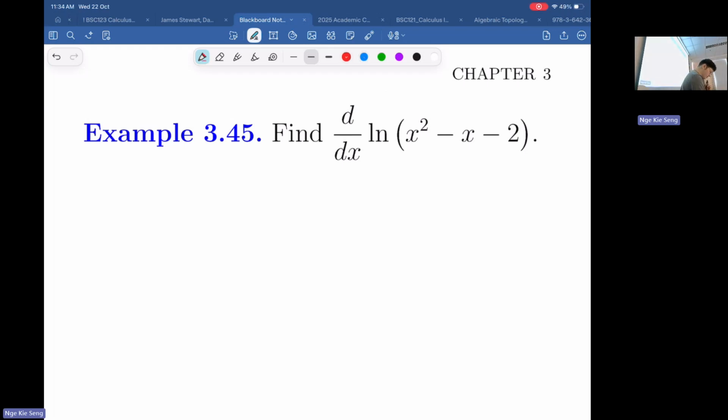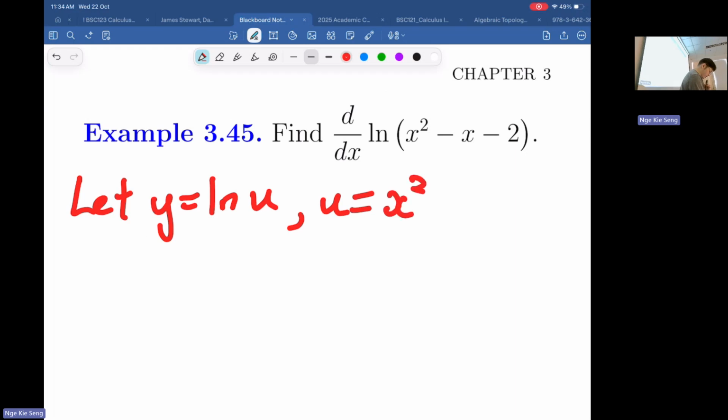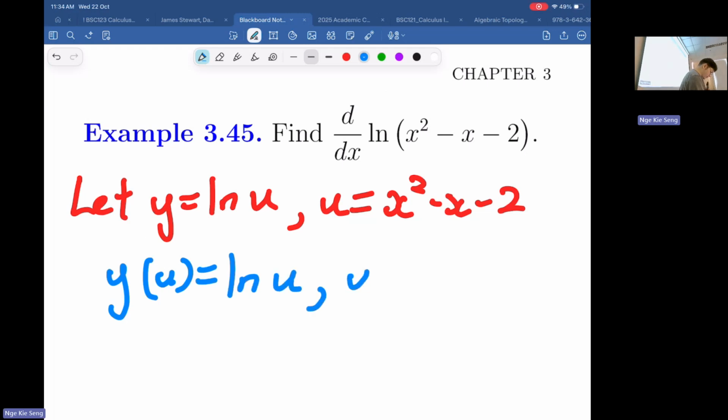So what does the composite look like? You should let y equal ln u, and u equal x squared minus x minus 2. This is the composite function. Remember last time we did the composite function calculation, f of g of x. You substitute g of x into the x in f. So we should write y of u equals ln u, and then u of x equals x squared minus x minus 2.